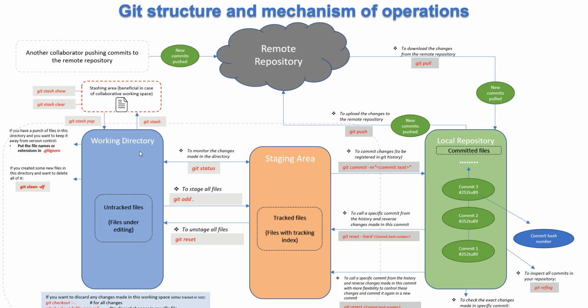In this case, there is something like a backup space where the changes you have made in your working directory can be moved, until you pull the changes from the remote repository and register them on your local drive.